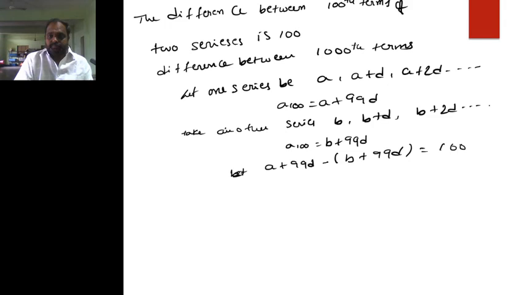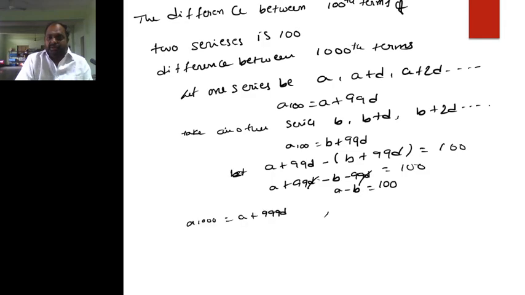We have to find the difference between the thousandth terms. What will be the thousandth term of the first series? A1000 is equal to A plus 999D. One value will be reduced.